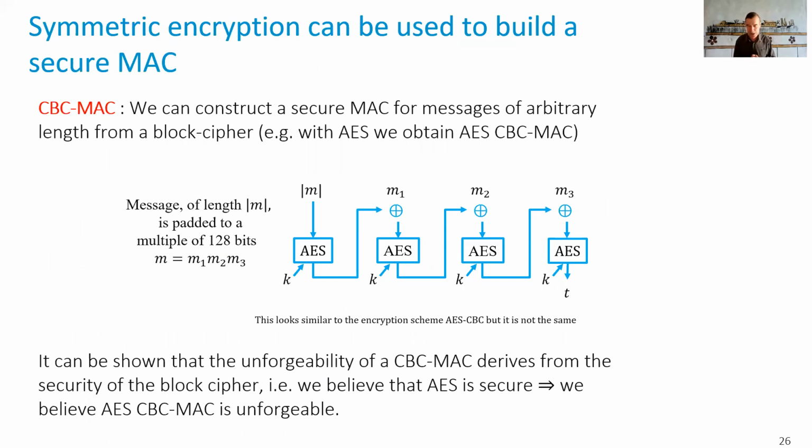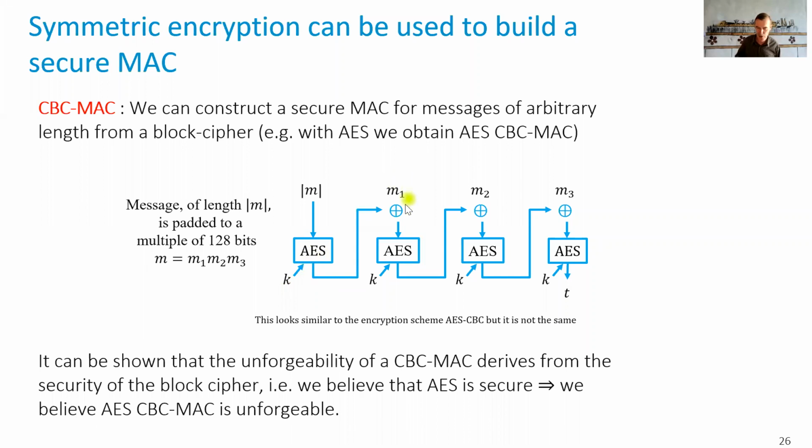We have seen also that it might be difficult to design a tag. You need to be careful that collisions are very hard to mount. Collisions mean being able to modify a message and know how to modify also the tag. One of the standards today is to use an encryption mechanism in chaining mode, for example AES, and we obtain the so-called CBC-MAC. It takes a message and breaks it into blocks of 128 bits, because the block size of AES is 128 bits. The initial part of the message, a plain text, is encrypted using AES, where K is the key.